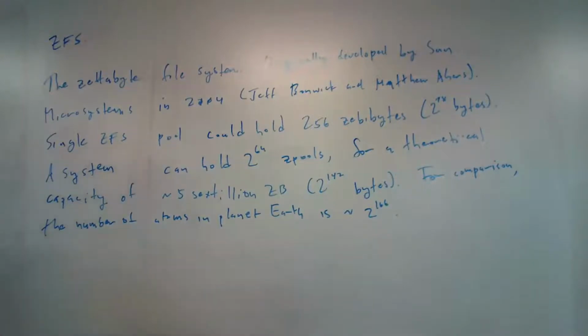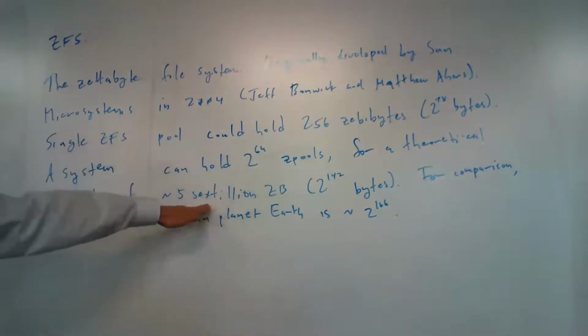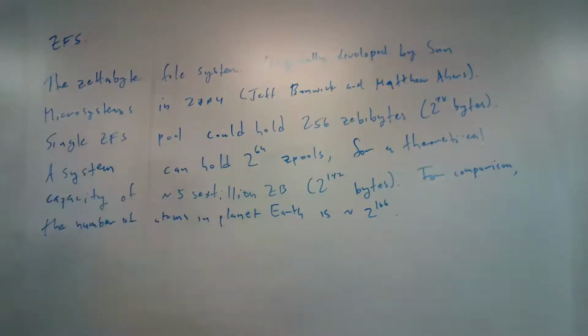And so, of course, you could never really have this much space if you think about it, because you'd have to build something physical to hold the 2 to the 142nd bytes, and there's not enough atoms spare in the planet Earth to build that, probably. And so I think they really could argue that, at least if we're still living on the planet Earth, we're probably never going to build a file system that can reach this capacity.